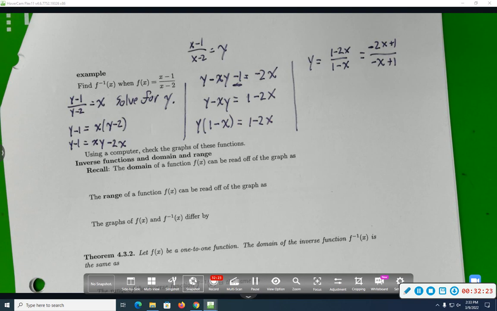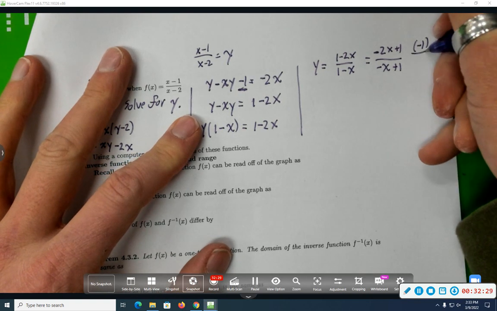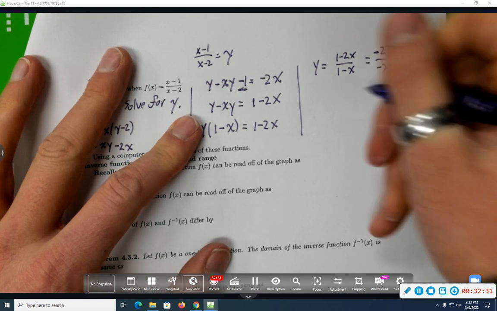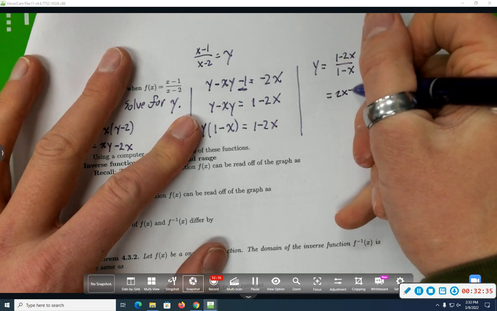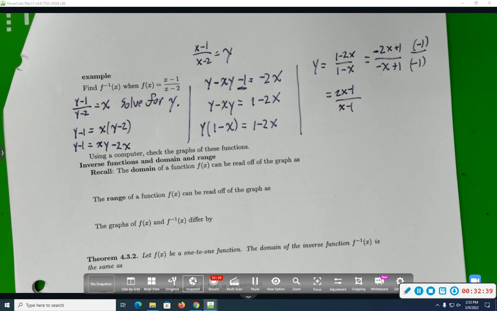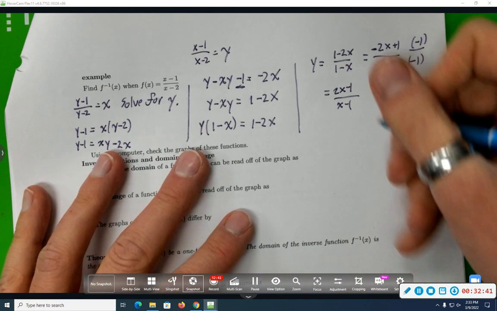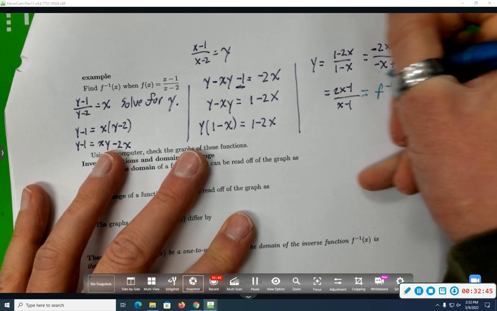So maybe I'll multiply the top and bottom by -1 and try to make it simpler. It's not a big simplification. I think it's one worth making though. So distribute the -1, that'll become (2x minus 1) over (x minus 1). Nice. So apparently there is f inverse of x.